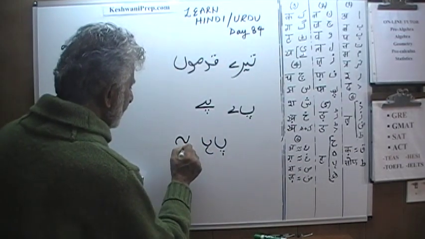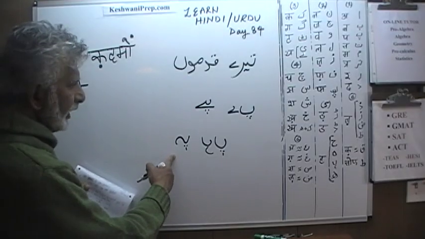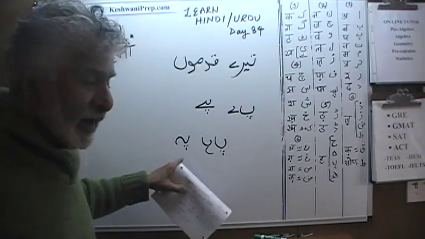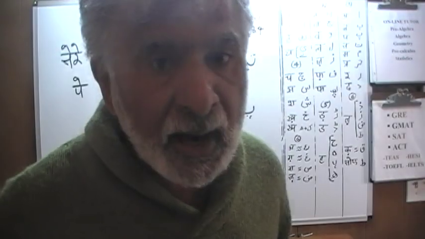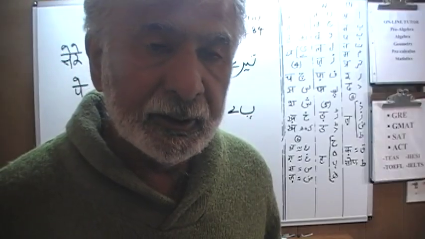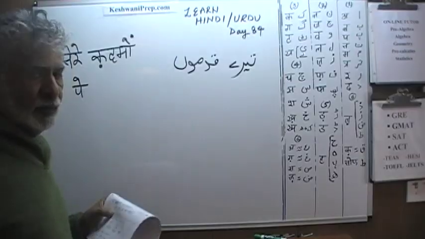And when we put it together, it looks like this. That's how we write pe, and it's pronounced pe. Now, in some contexts, this would be pronounced pa, because it also serves as aki matra if it appears at the very end. Here it is eki matra. You just have to know that.